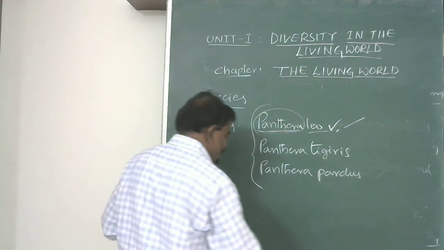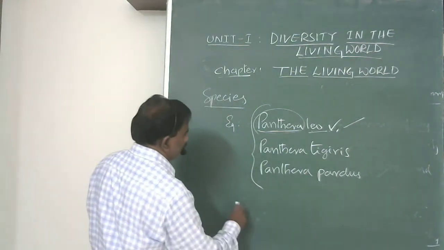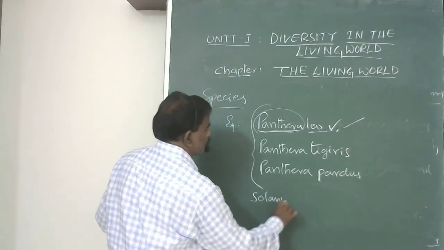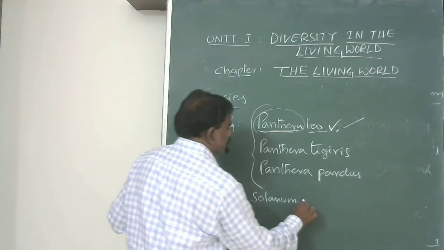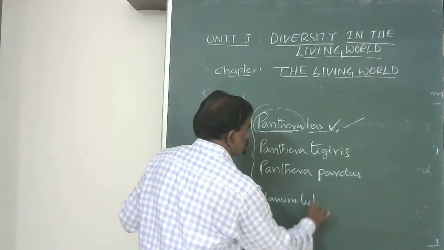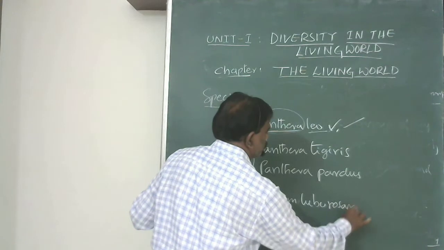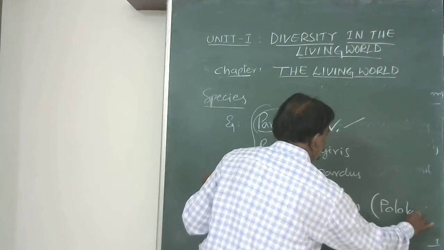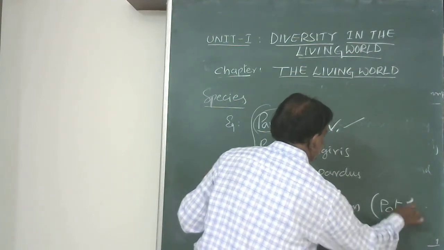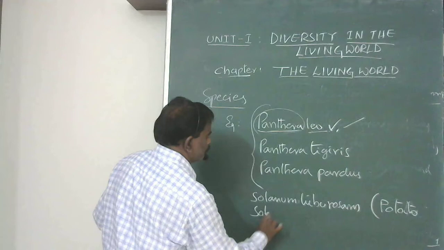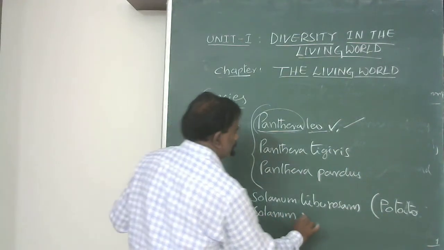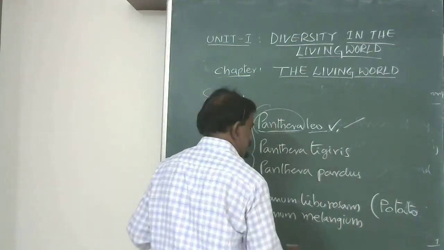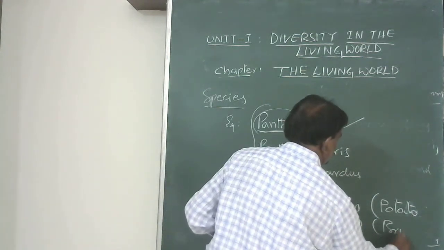One more example, in plants. Solanum tuberosum is the scientific name of potato. Solanum melongena is the scientific name of brinjal.